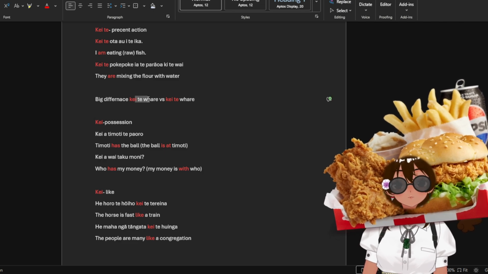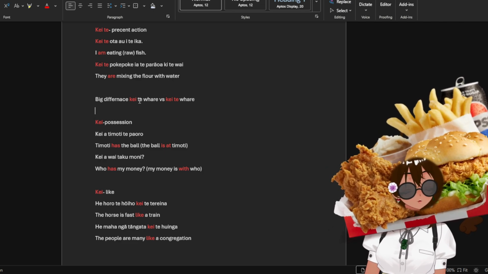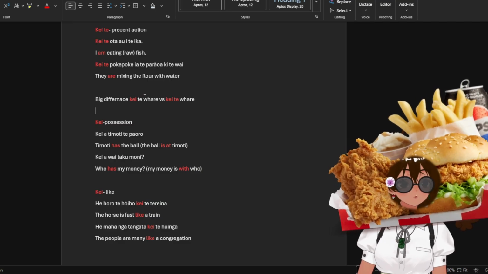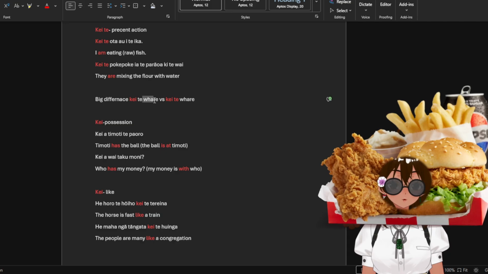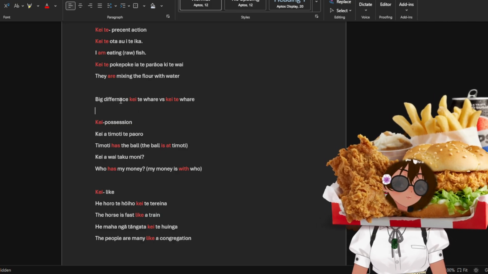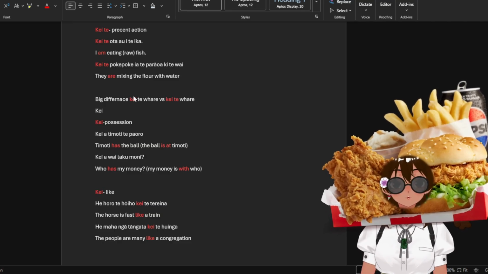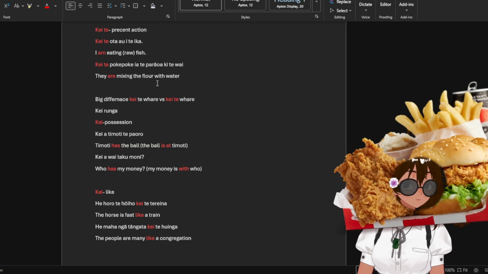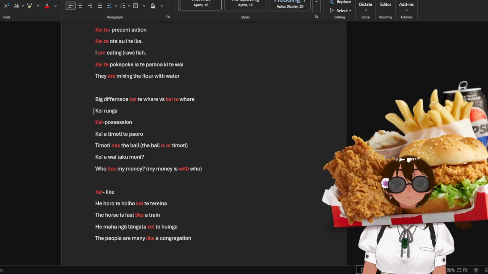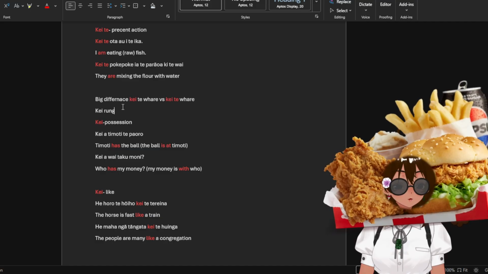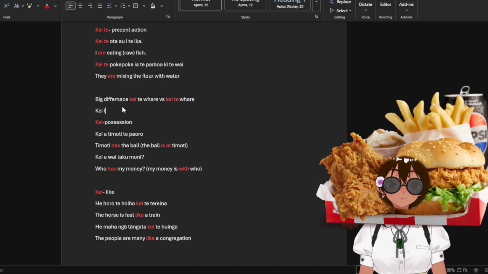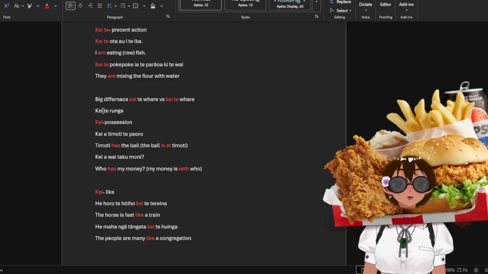Basically, to tell the difference, you would have to really just look at the context, to be quite honest. Like, just the context or even what word is used. For example, if you were to say runga, as we did before, well, runga is a location word, so we know it's probably saying it is up. But then if we say kei te runga, my bad, kei te runga would be, it's at the top.